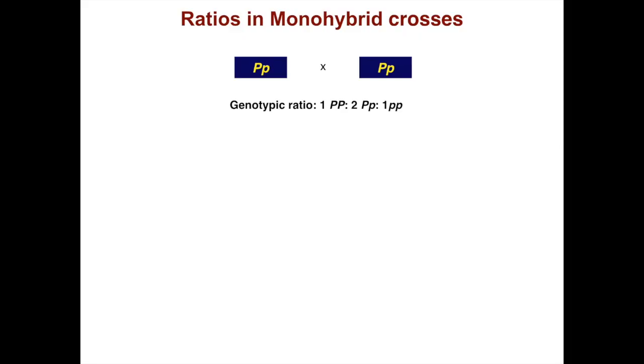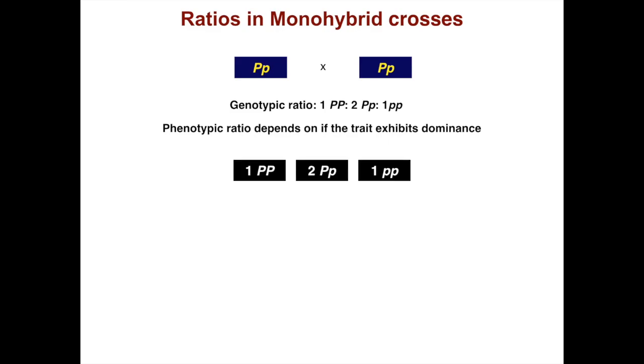Let's return to the eggplant. If we cross two heterozygous eggplants, we would get the expected genotypic ratio of 1 to 2 to 1. But the phenotypic ratio depends on whether the trait exhibits dominance. So if P is dominant, big P, you should get, let's say, 3 purple to 1 white eggplants.